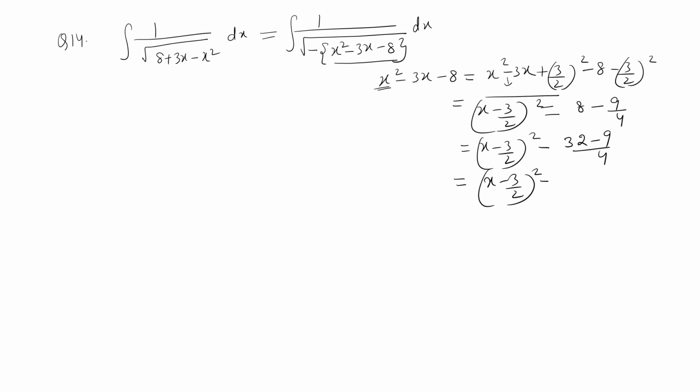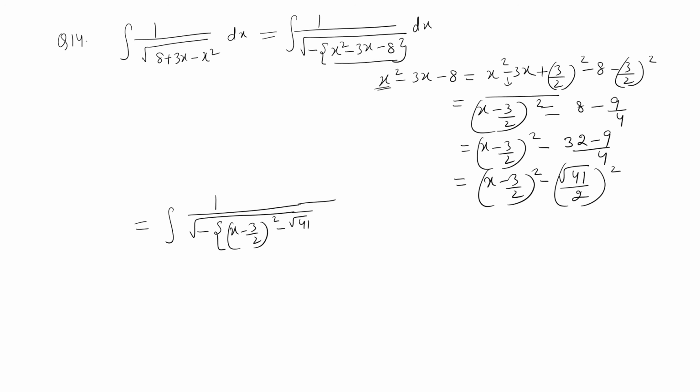As both signs are negative, it is (root 41 by 2) whole square, as I need to express it in the form of a square minus b square. Now I will write this equation in this form: 1 upon root of minus (x minus 3 by 2) whole square minus (root 41 by 2) whole square.